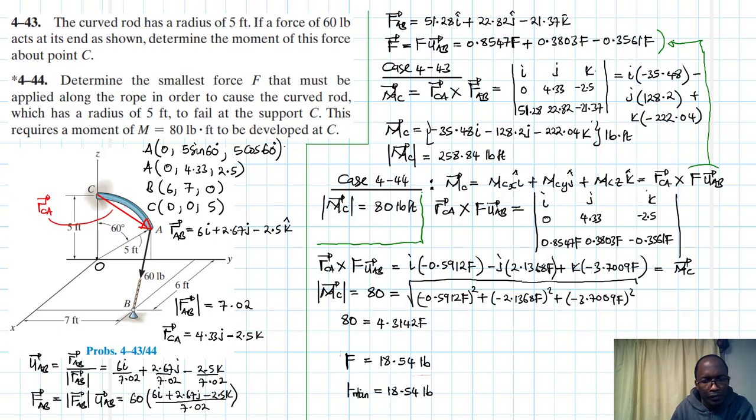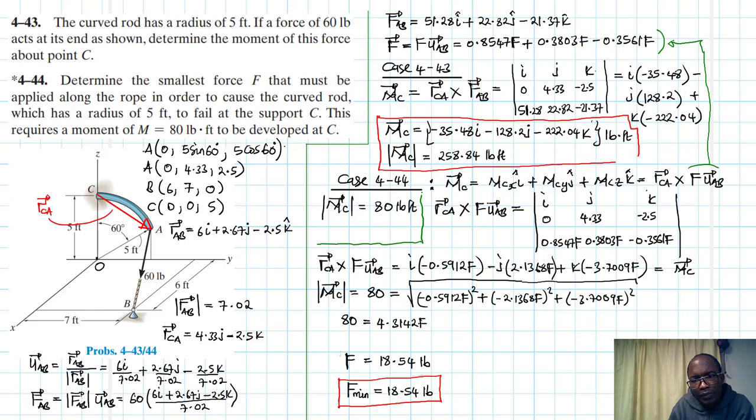So we have this equal to 18.54, and then we have the vector there and the magnitude of moment about point C equal to that, whose magnitude is 258.84. Okay, so this is about it.